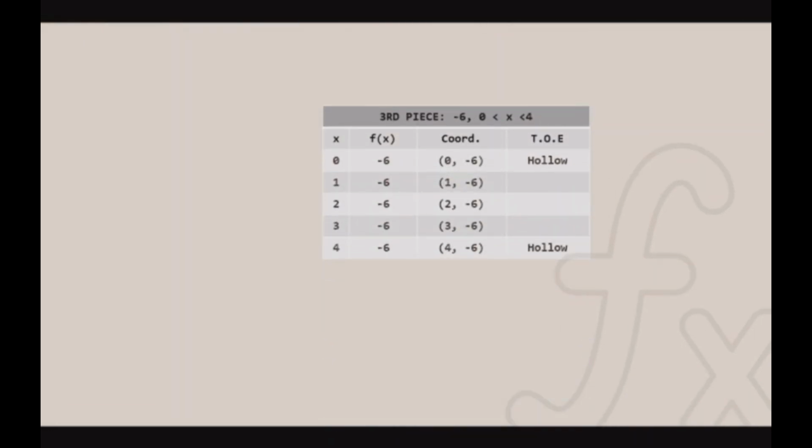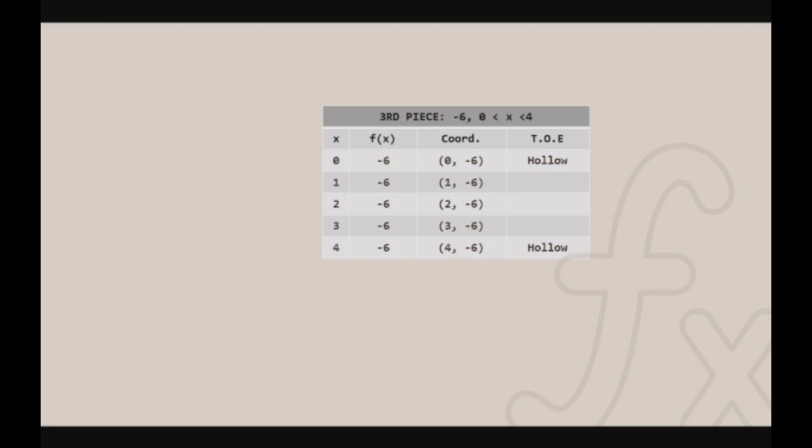For the third piece, we have negative 6 if x is greater than 0 but less than 4. The values to the left of positive 4 are 4, 3, 2, 1, and 0. If x is 0, it's negative 6. Same for 1, 2, 3, 4, they're all negative 6.